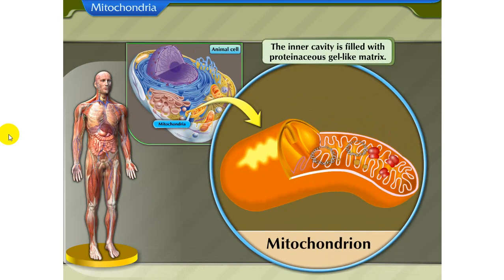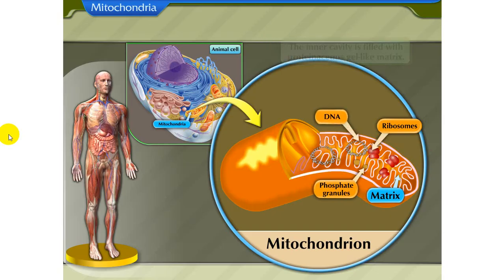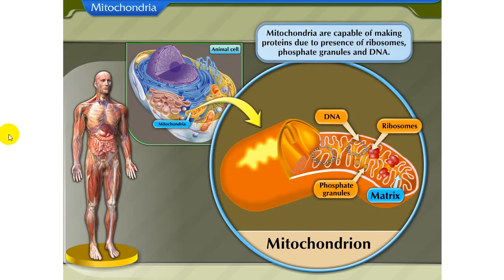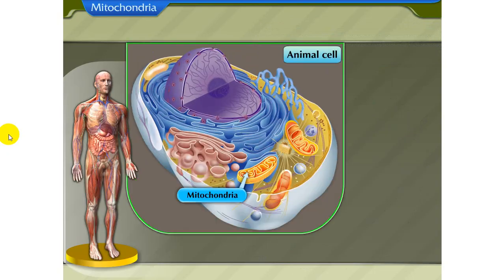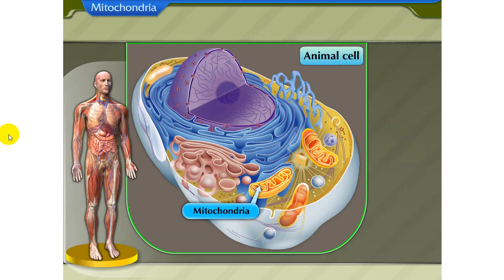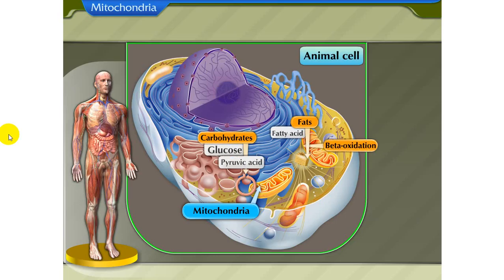The inner cavity is filled with a proteinaceous gel-like matrix. The matrix contains ribosomes, phosphate granules, and DNA. Due to this, mitochondria are capable of making some of their own proteins. With the help of enzymes, the mitochondria oxidize carbohydrates and fats present in the cell.